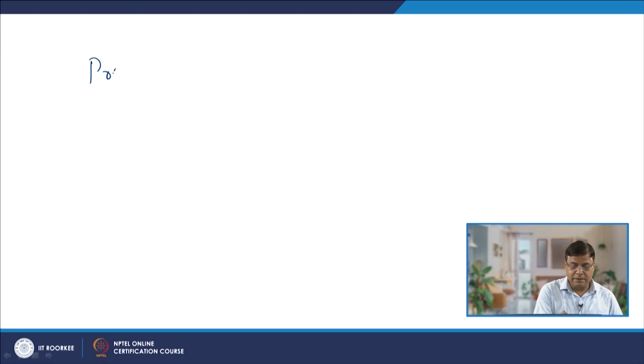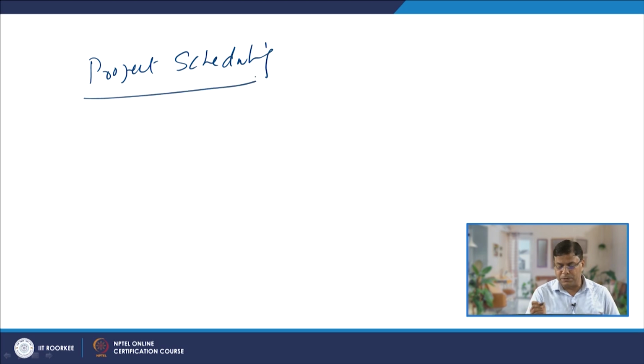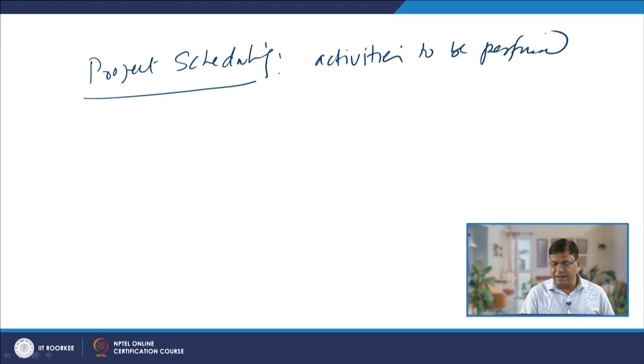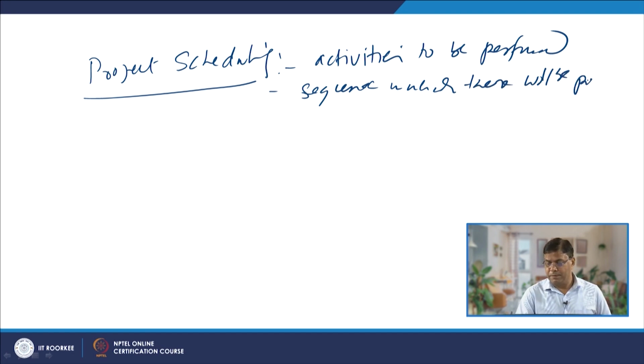Another thing related to this is that, as I have defined, in a project the various activities are to be done with a definite start and end timing. So, it needs very systematic scheduling also. That is project scheduling, where the activities to be performed have been identified, and now we need to see the sequence in which they will be performed.